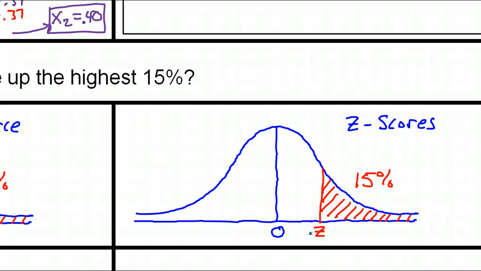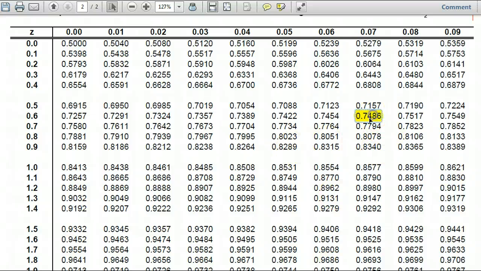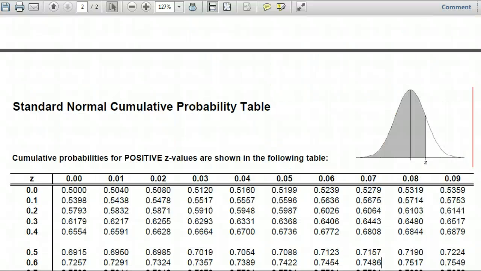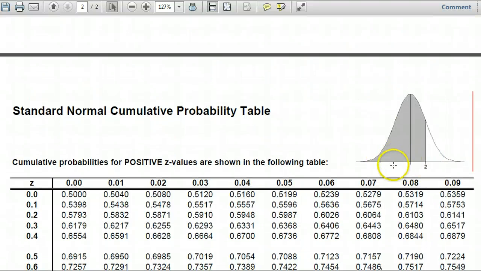So I need a percentage. Am I going to use the 15%? The answer is no. I'm not going to use the 15% because to be able to use this chart, which is what I need, the chart is only going to deal with the left side of the z value.